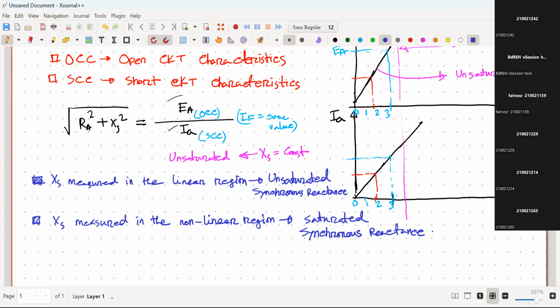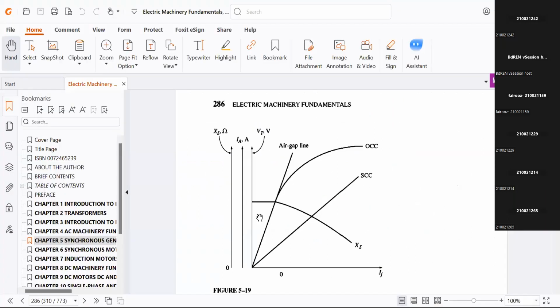So if you go back to the book condition, from here to here, I'm having the linear region. From here we are starting the non-linear region. So if from here to here Xs is constant, definitely that will be a straight line. Irrespective of IF, I'm having the constant value, right?